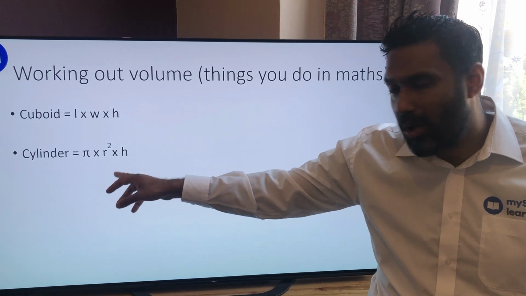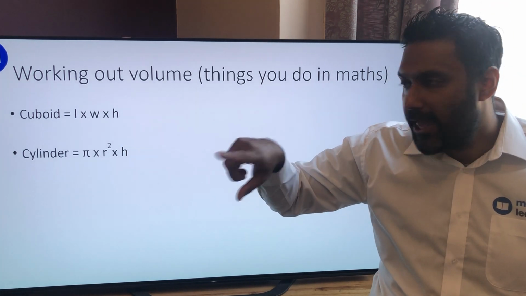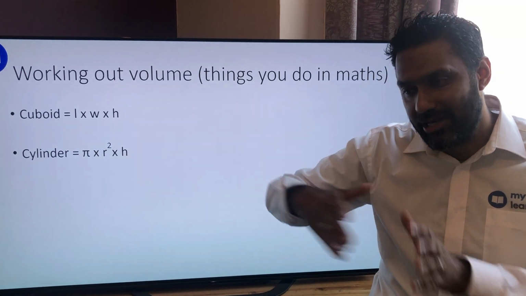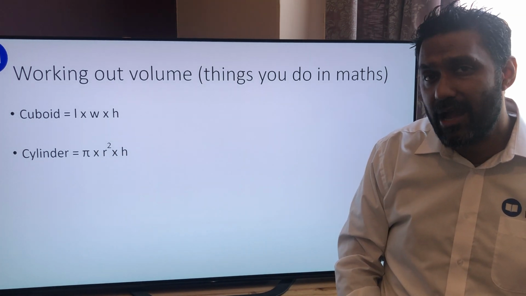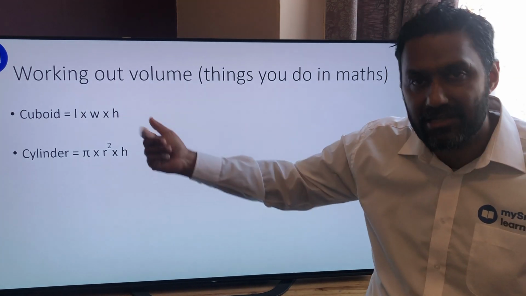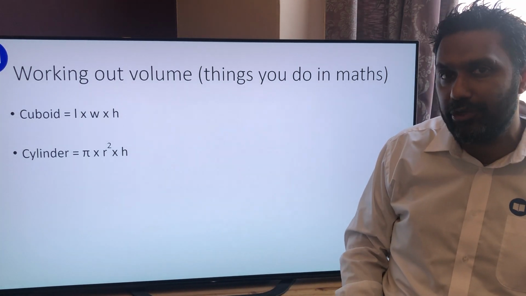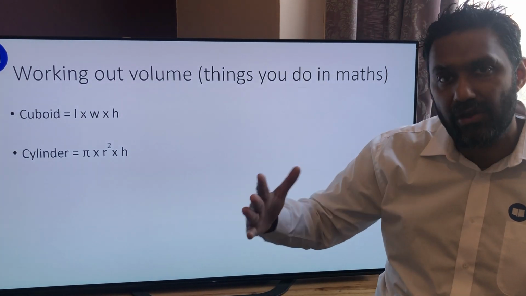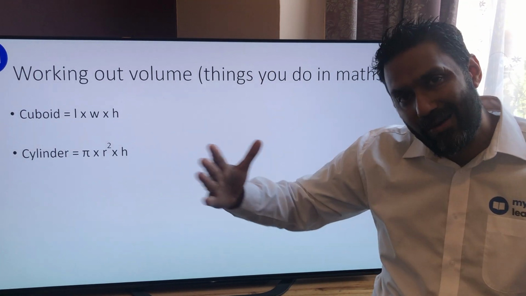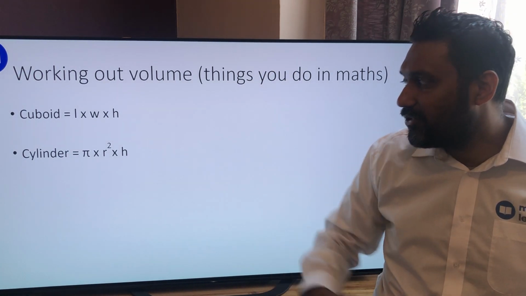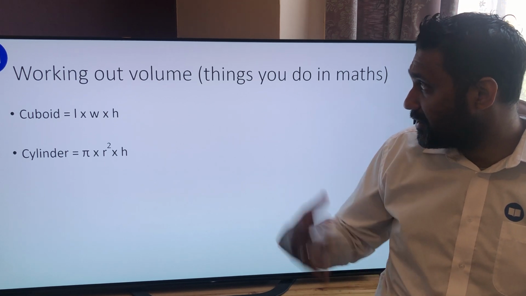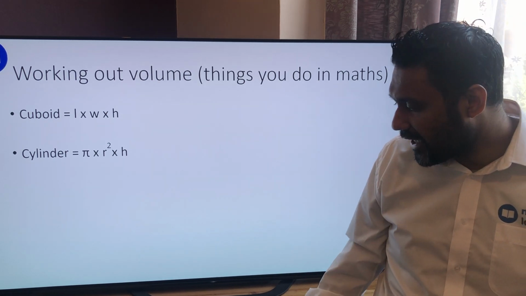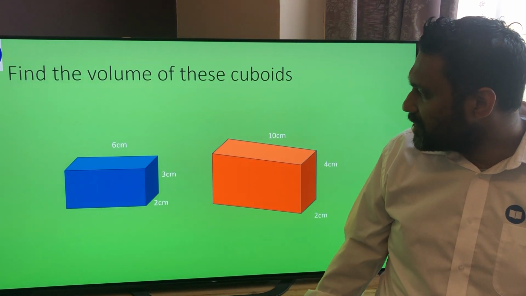So pi r squared gives you the area of a circle. You times it by the length or the height, however long it is, and that'll give you the volume of a cylinder. If it's any type of prism, all you have to do is work out the surface area of the face and multiply by how long that face is, and that'll give you the volume of a given prism.